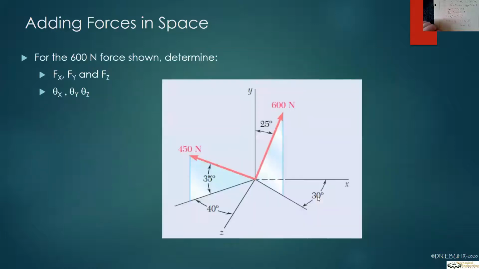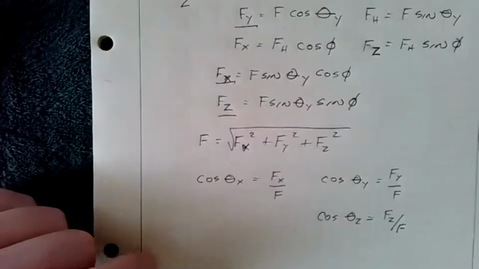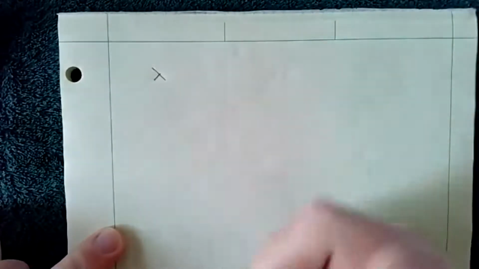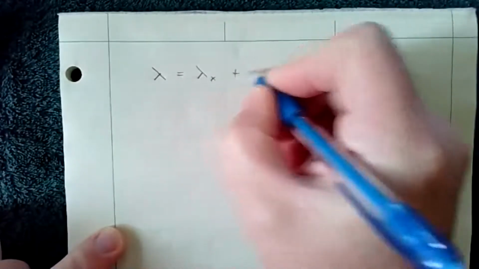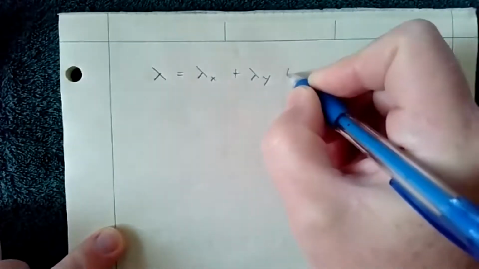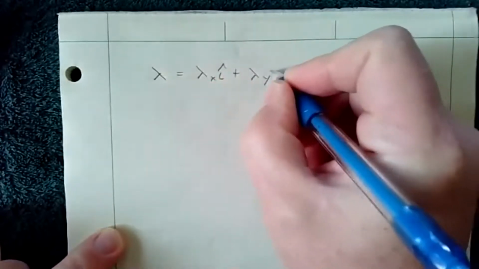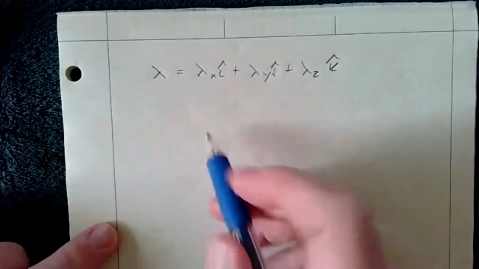So going back to the paper, the unit vector lambda is equal to lambda x plus lambda y plus lambda z, being i hat, j hat, and k hat. And so you may have seen this before.